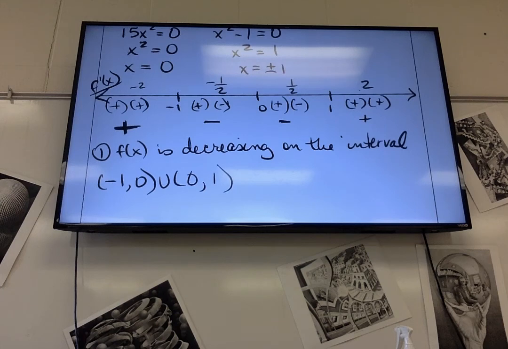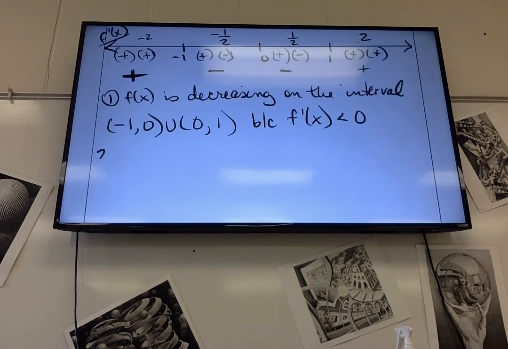Why not 0? Because 0's flat, 0's at 0. So because f prime of x is less than 0, because it was negative.